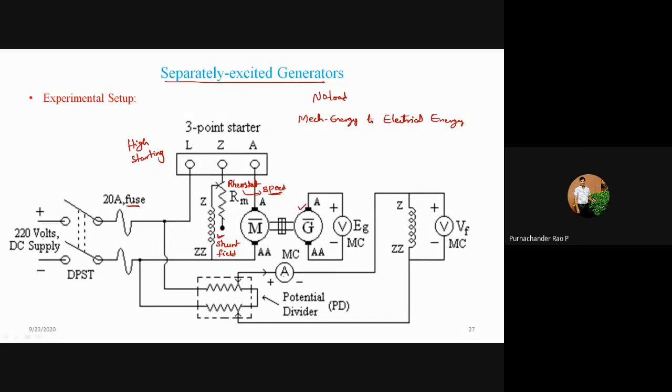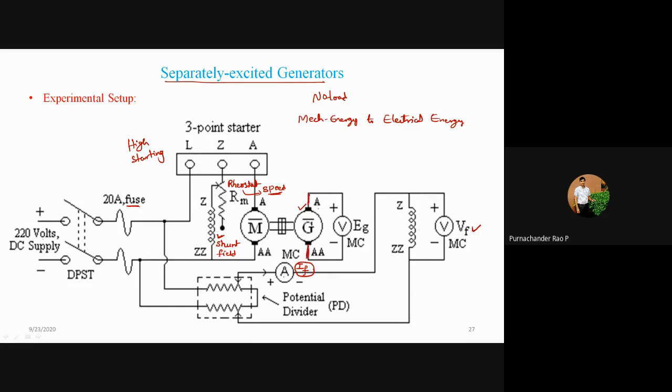Here this ammeter in the potential divider circuit measures the field current, which you can call IF, and the voltage across the field winding you can measure as VF. And as you observe here, this is the generator armature terminals.